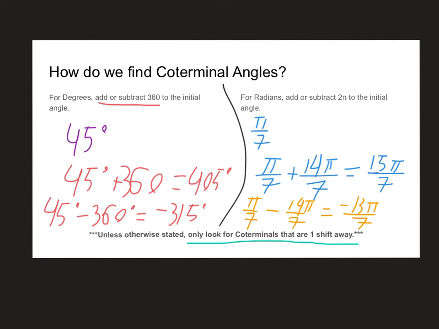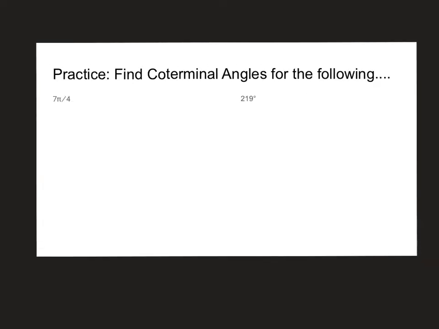All right, let's take a look at some practice problems. Find the coterminal angles for the following: 7 pi over 4 and 219 degrees. For 7 pi over 4, we're going to add 2 pi to it, and we're going to subtract 2 pi from it.